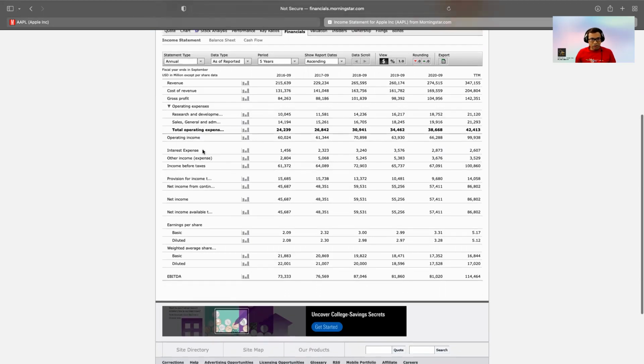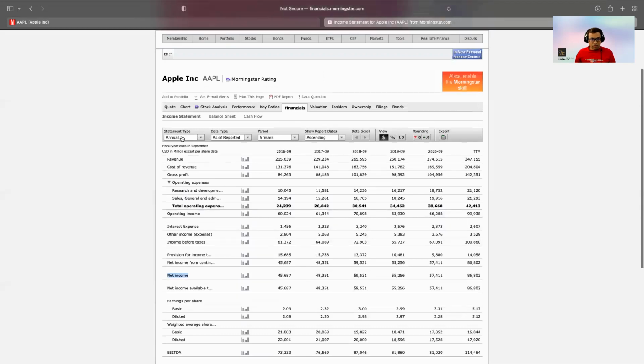Then we have all the breakdown, until we have net income, which is net profit after revenue, after deduction of all the expenses. We call it the bottom line because it's always at the bottom. Earnings per share is net income divided by all the shares outstanding, and this is the basic one, and there is the diluted one, where we have other calculations to include other factors.